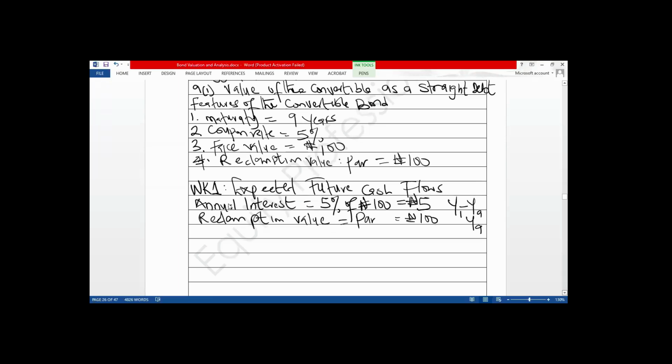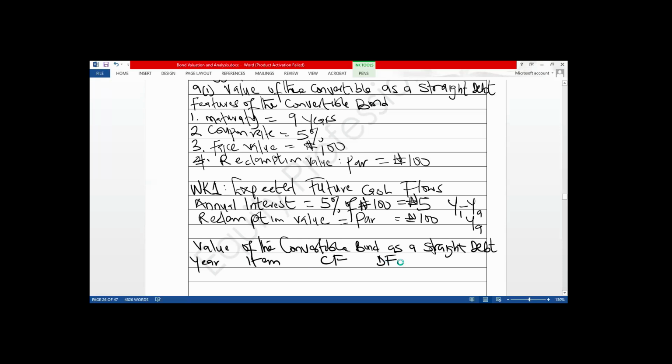Value of the convertible bond as a straight debt. Then open your schedule. You have the year, you have the item, you have the cash flow.